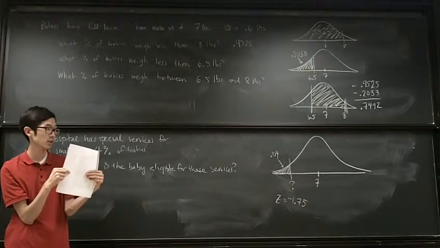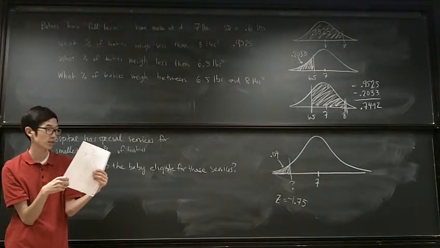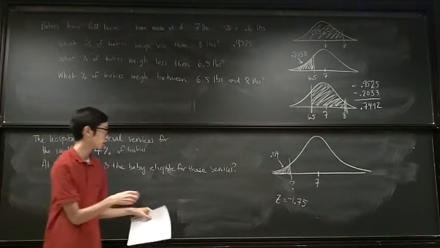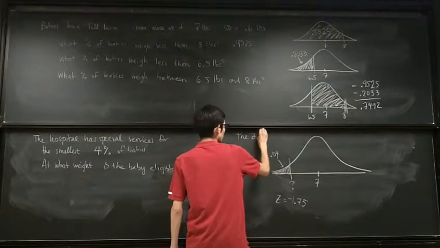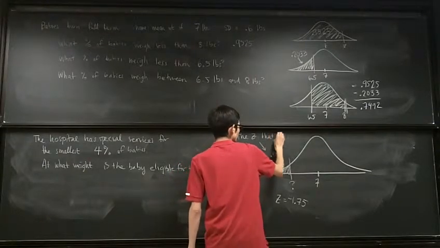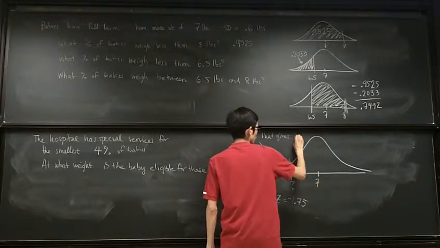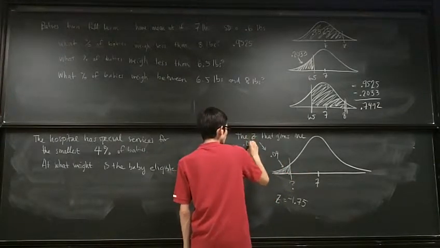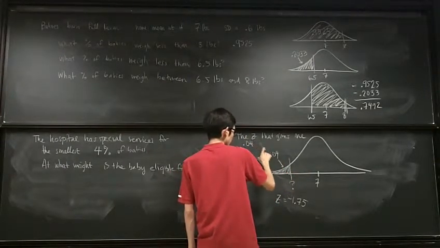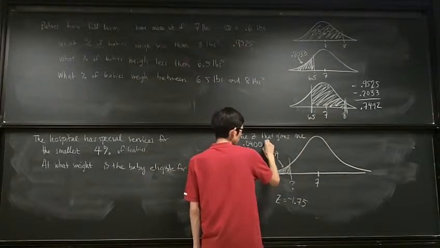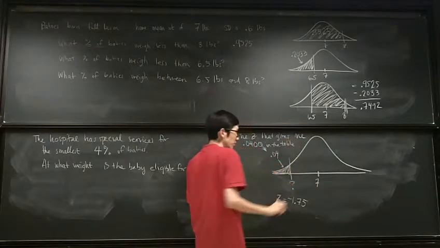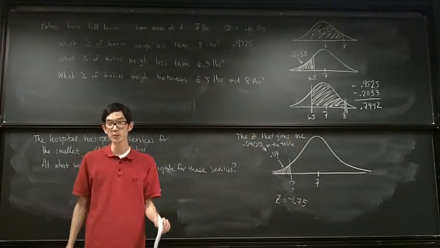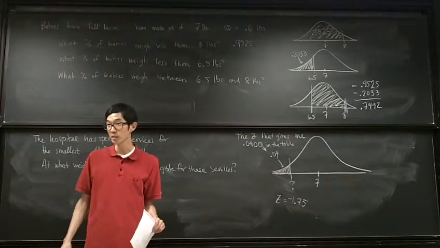So we look on the negative side. The z that gives me 0.04, or the closest number to 0.04, so 0.0400, in the table. I don't look up 0.04. I'm looking for the number that gives me 0.04.